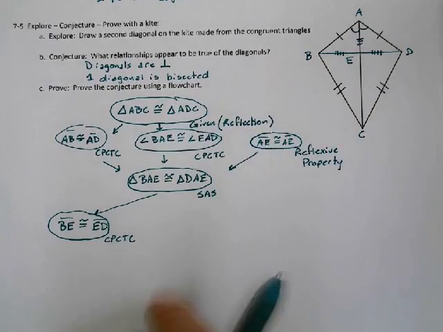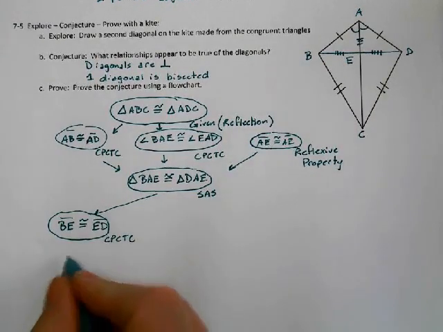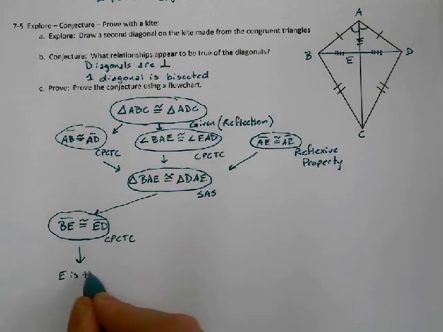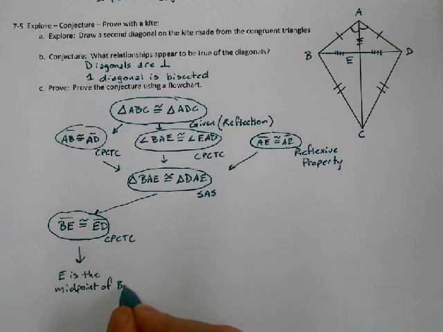So we can say that E is the midpoint of BD. And that's the definition of a midpoint.